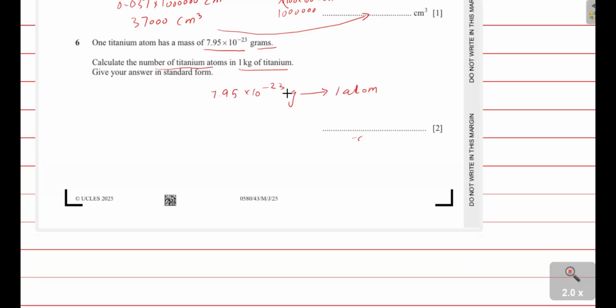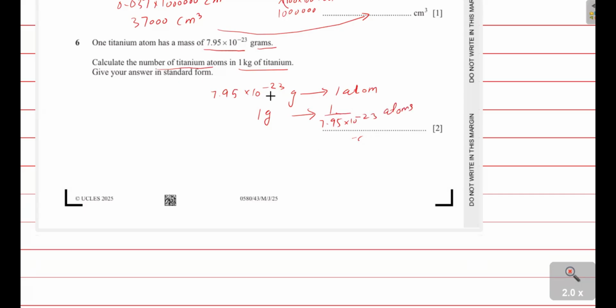Therefore, firstly, we will calculate the number of atoms in 1 gram. The number of atoms in 1 gram will be equal to 1 over 7.95 into 10 power minus 23 atoms.